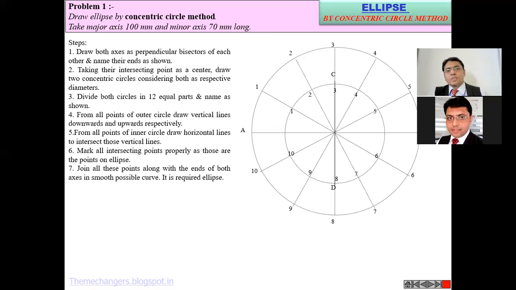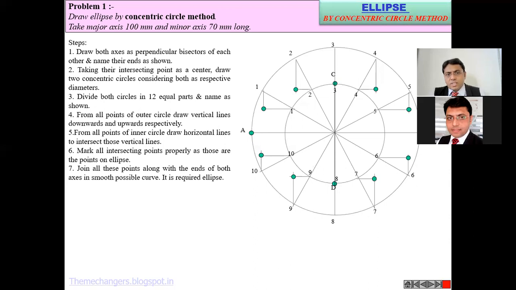From all the points of the outer circle, draw vertical lines downward and upward respectively. From all the points of the inner circle, draw horizontal lines to intersect those vertical lines. See this, all horizontal lines intersect the vertical lines. The common intersection points are marked for making the curve.